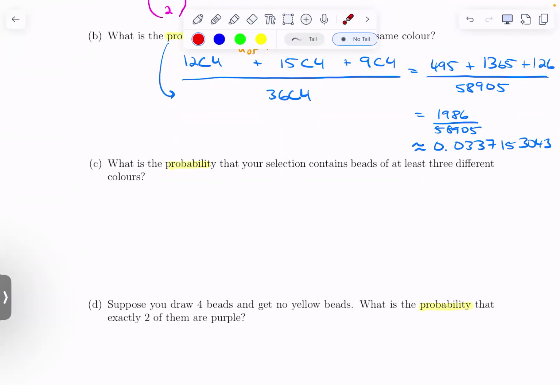What's the probability that your selection contains beads of at least 3 different colors? Now, this "at least" is a little bit different. Let's map out the problem: at least 3 different colors.